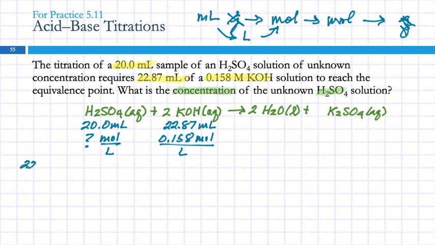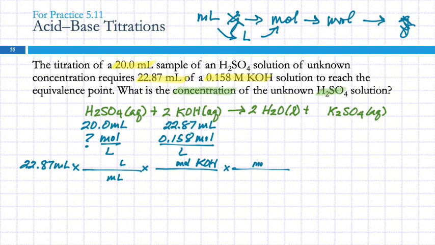So 22.87 milliliters. I'm going to convert that to liters. I'm going to convert that to moles of KOH. I'm going to convert that to moles of H2SO4. And then I'm going to stop there.